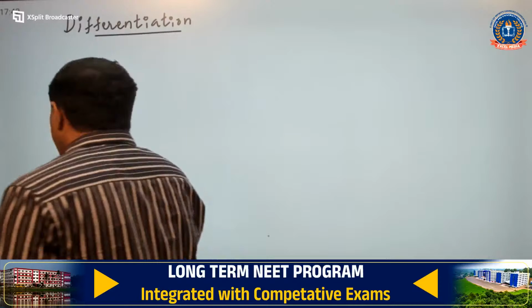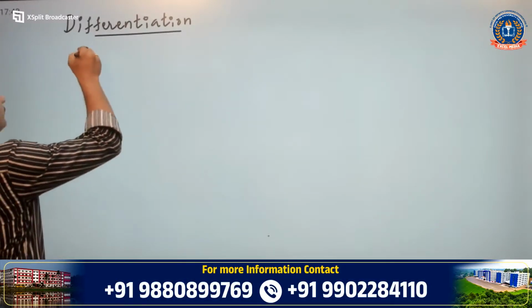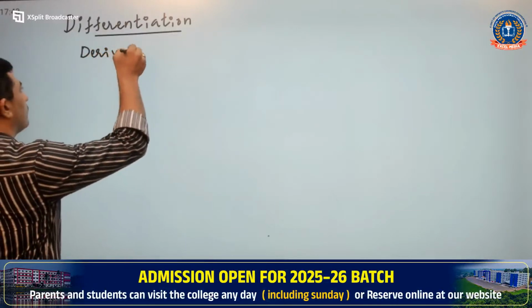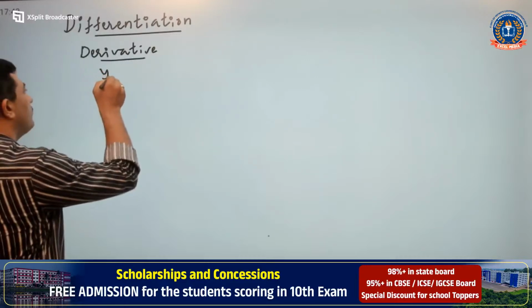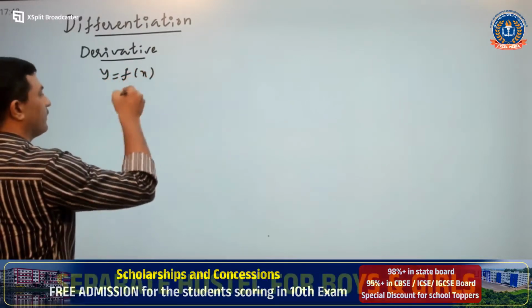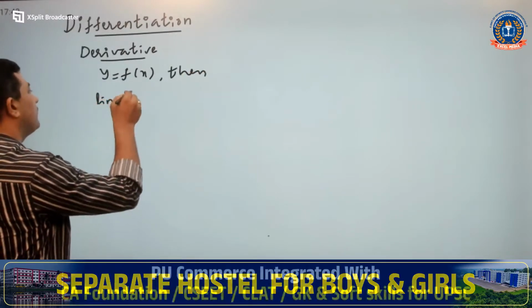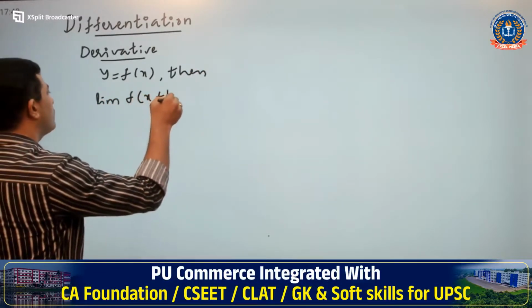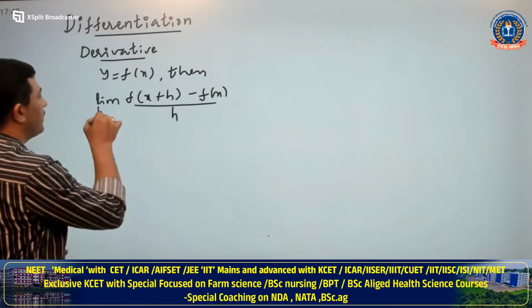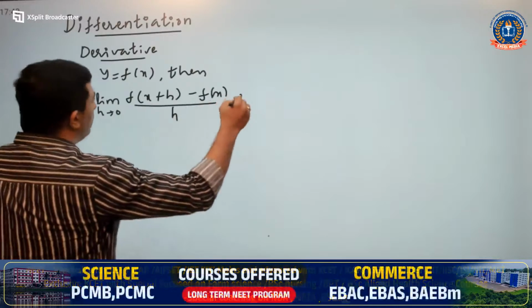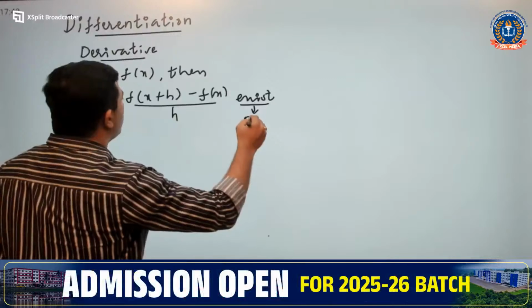See, yesterday we defined the derivative, right? What is a derivative? Derivative means if I have a function y equal to f of x, then if the limit of f of x plus h minus f of x divided by h as h tends to 0 exists, meaning it should lead to a finite value.